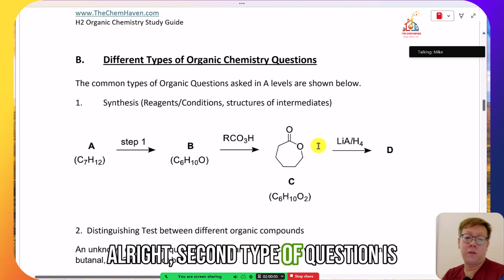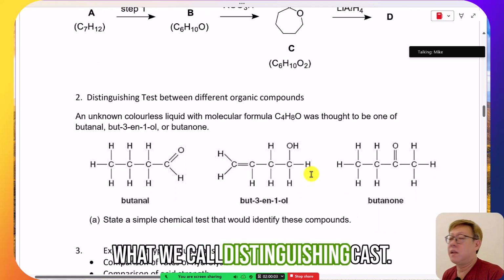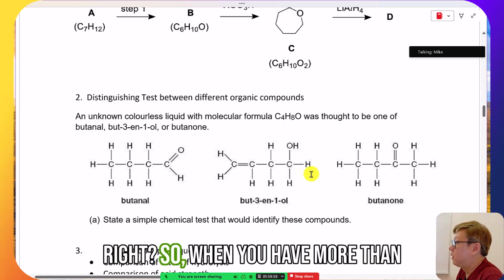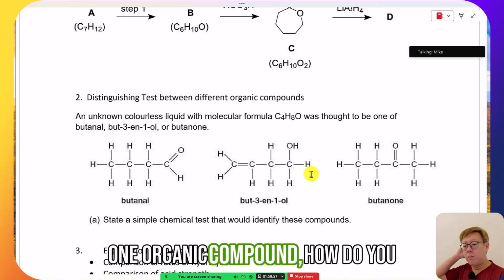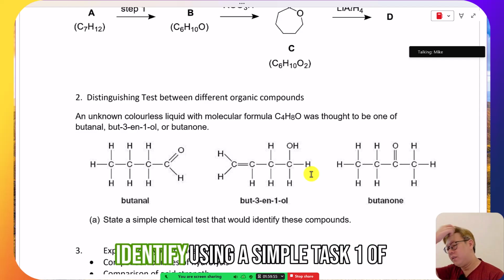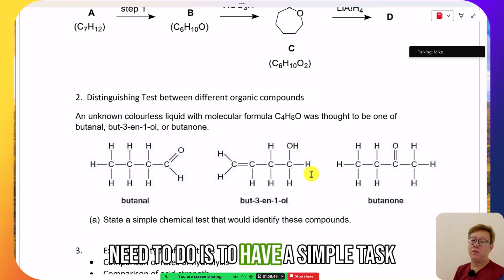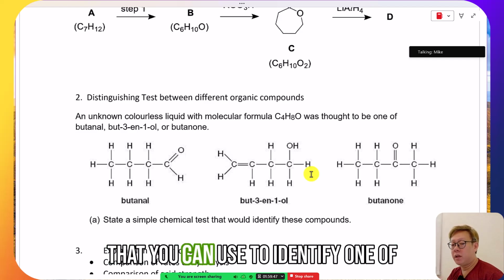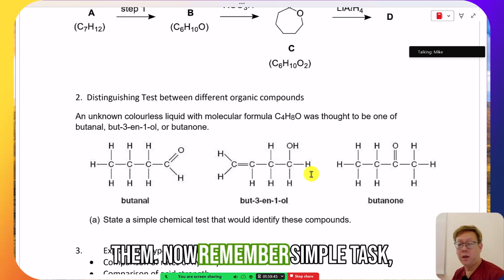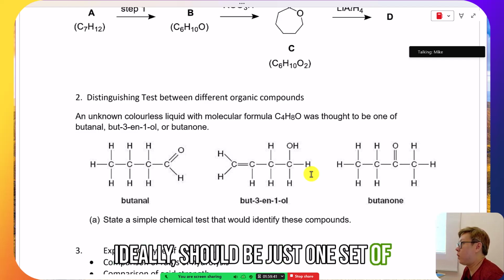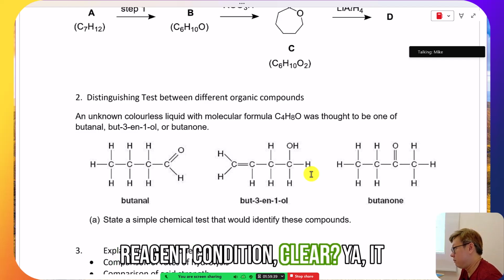The second type of question is what we call the distinguishing test, which I believe you are familiar with. When you have more than one organic compound, how do you identify one of them using a simple test? Remember, a simple test should ideally be just one set of reagent conditions.